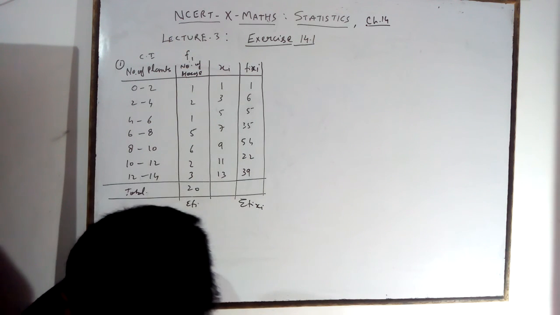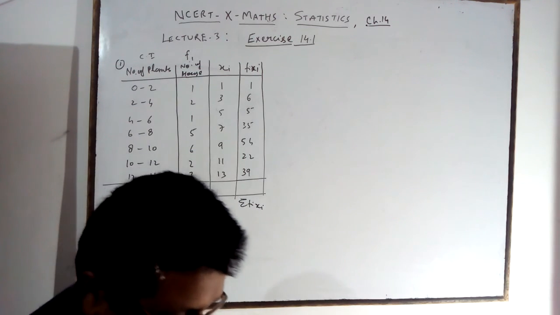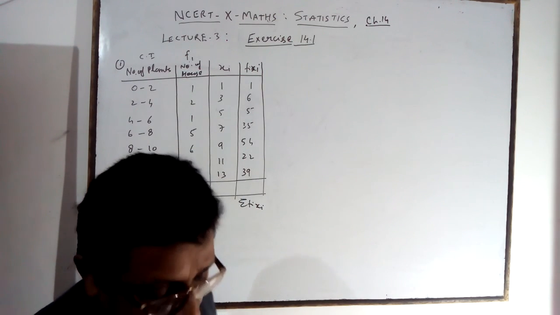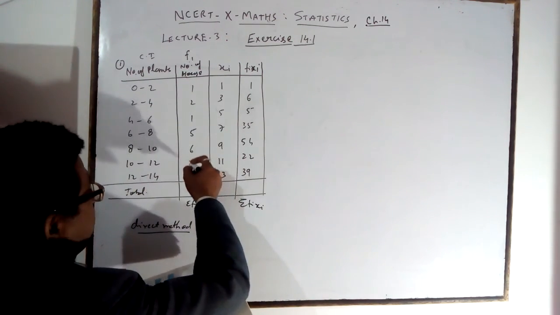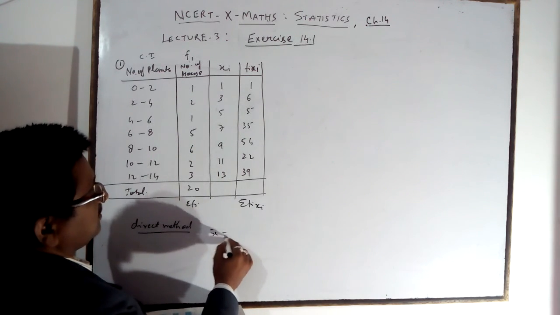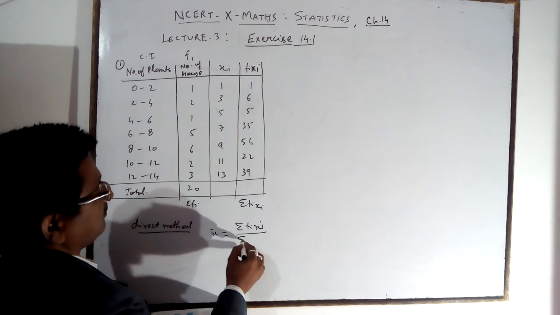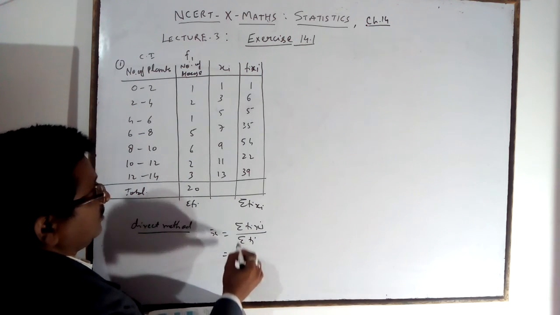It is given in this. Simply you are seeing all the values given here: 1, 2, 1, 5, 6, 2, 3, and then multiplying, you get the direct method: x bar is equal to sigma fi xi upon sigma fi. Put in the values.